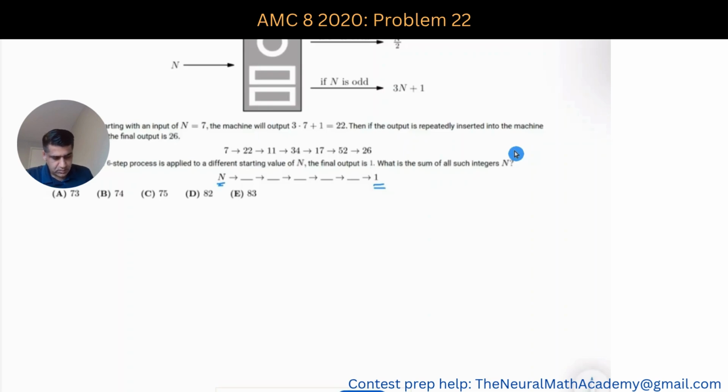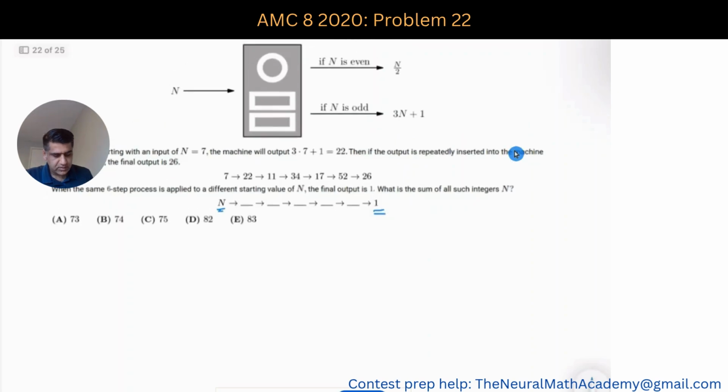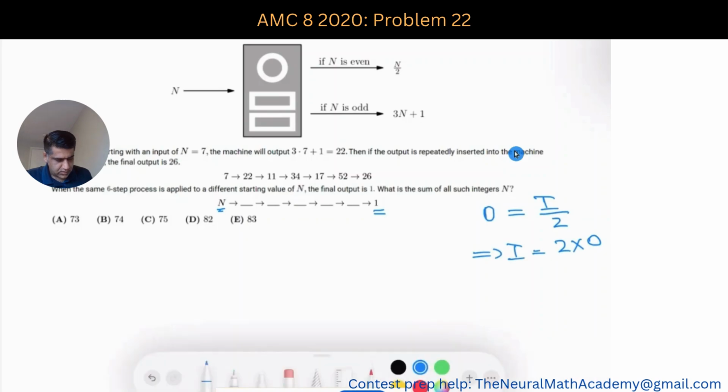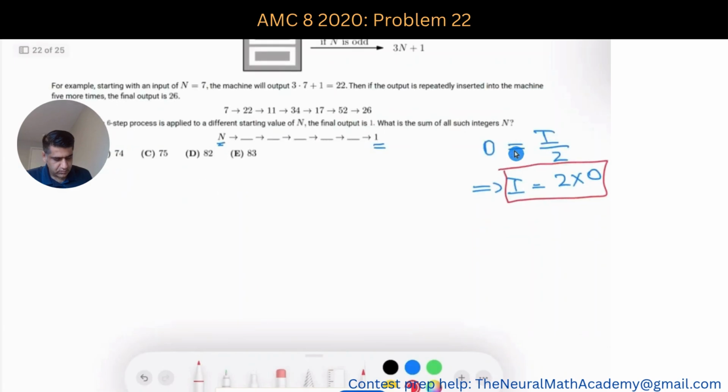To solve this problem, we can set this problem in the reverse order. So we have our function as output equal to input over 2. So we can set it up like input equal to 2 multiplied by output. So let's say that this is one option we have.